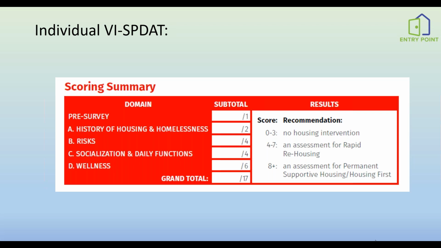There are also other factors about housing choice and preferences that determine how quickly someone gets housed. So this VI-SPDAT score is only one component of how we prioritize people and how people get ranked or ordered for who gets housed next.